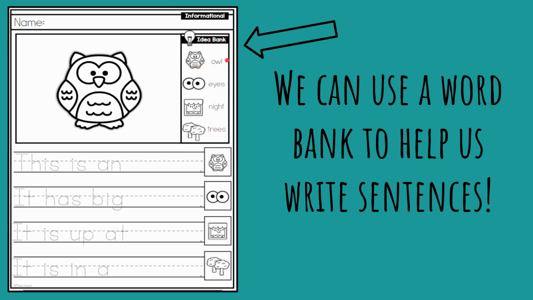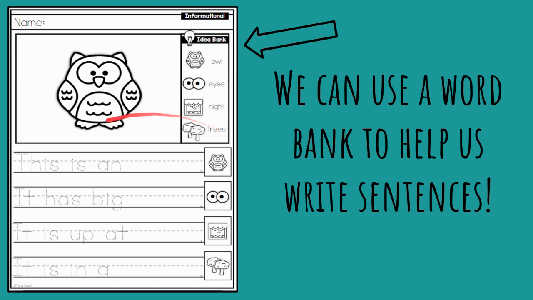So for our idea bank, for our informational piece about owls, our words were owl, eyes, night, and trees. So start thinking about, when we read this story, what did we learn about owls and their eyes and what they do at night? And something about trees.